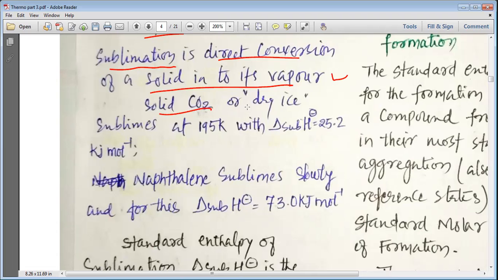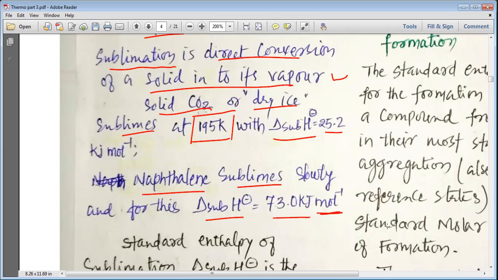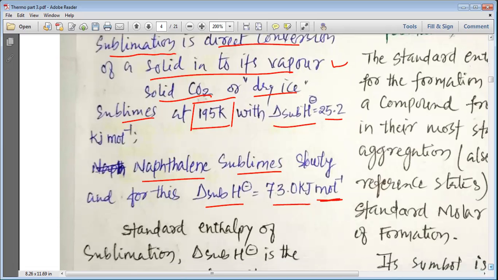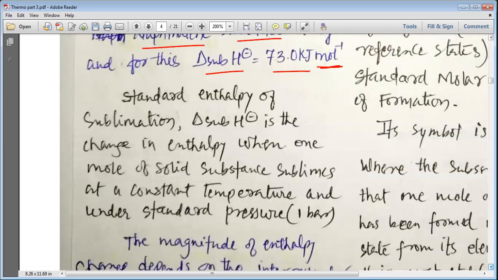We know that solid carbon dioxide, also known as dry ice, sublimes at 195 Kelvin with a sublimation energy of 25.2 kilojoule per mole. In the same way, naphthalene sublimes slowly, and for 1 mole of naphthalene, the sublimation energy needed is 73 kilojoule per mole.